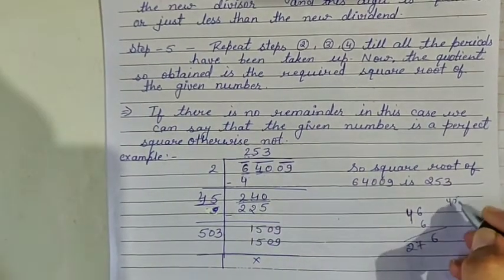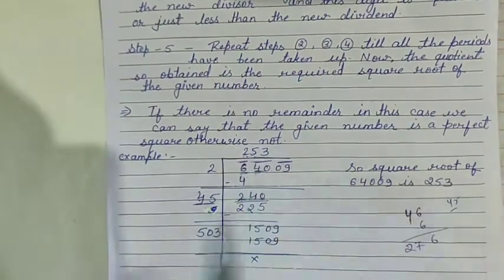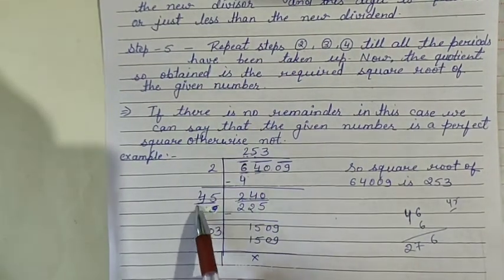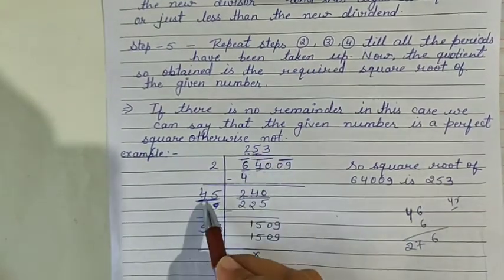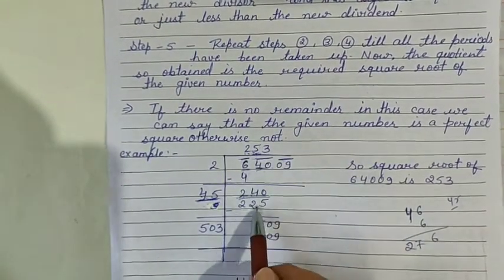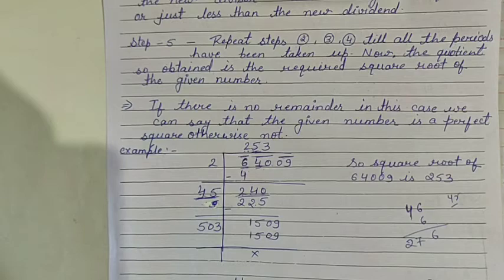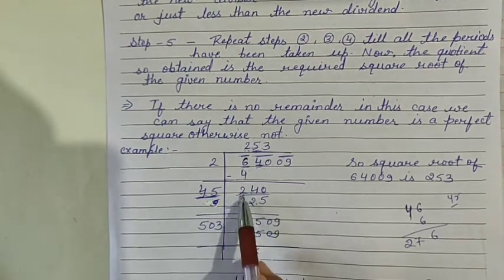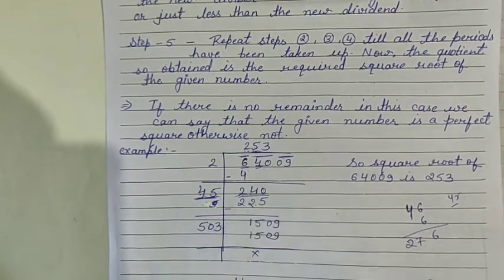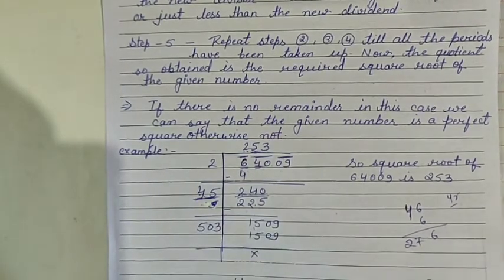So I choose 5 as the quotient digit. Now we will multiply our new divisor 45 by 5, and we get 225. Okay students, now we will subtract 225 from 240, then we get 15.